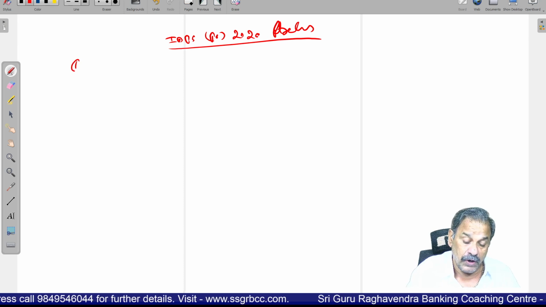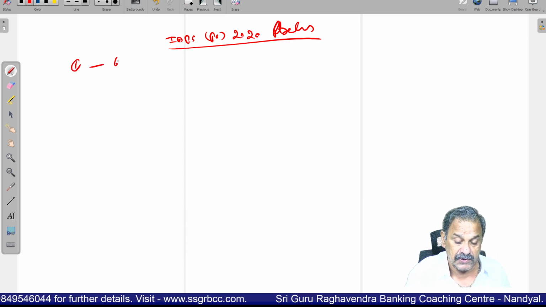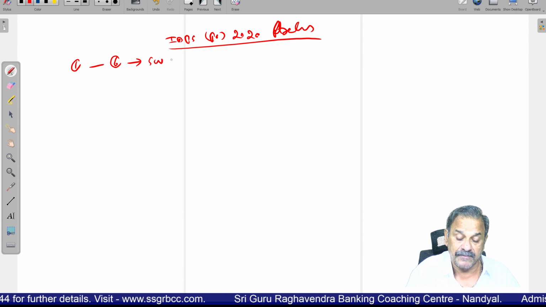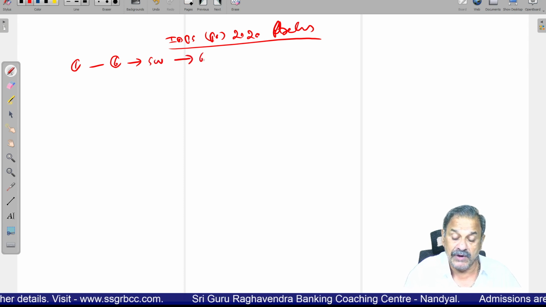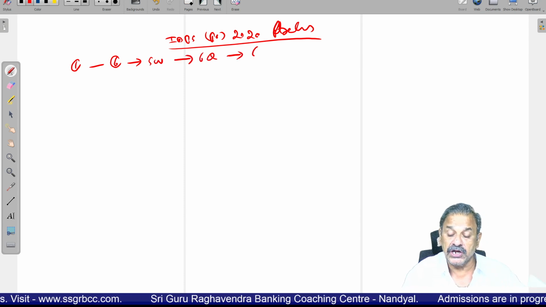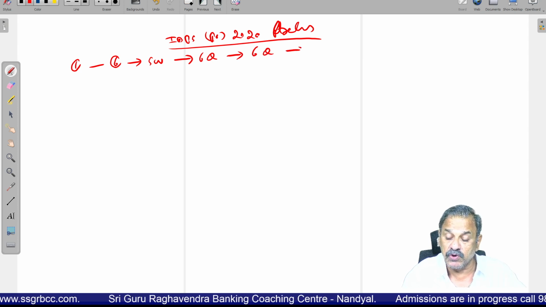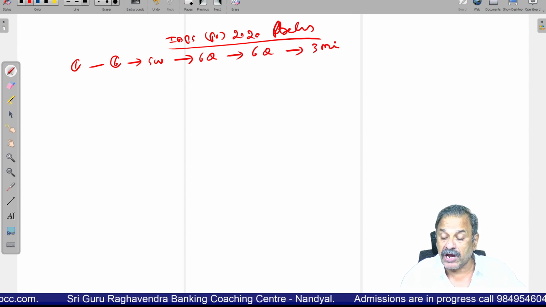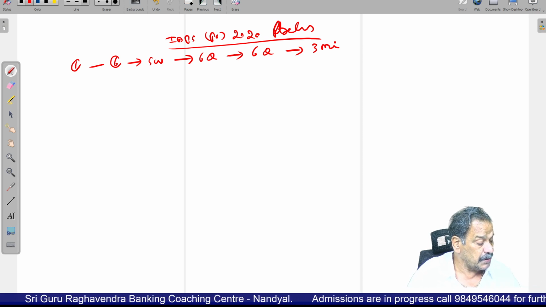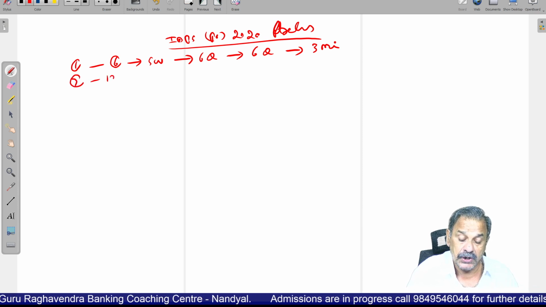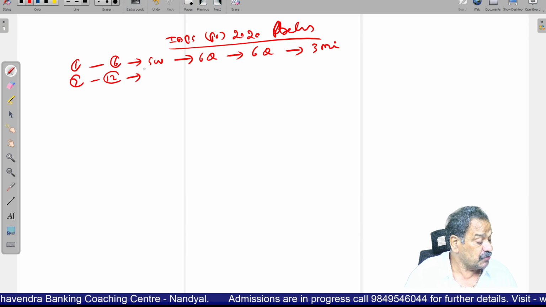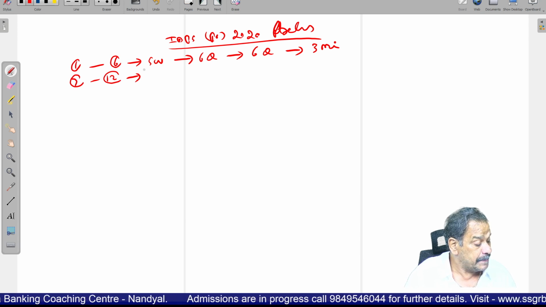Here 1 to 6 is swapping, 6 questions. It is very easy. You may attempt 6 questions within 3 minutes. Then next, 7 to 12 is sentence improvement.